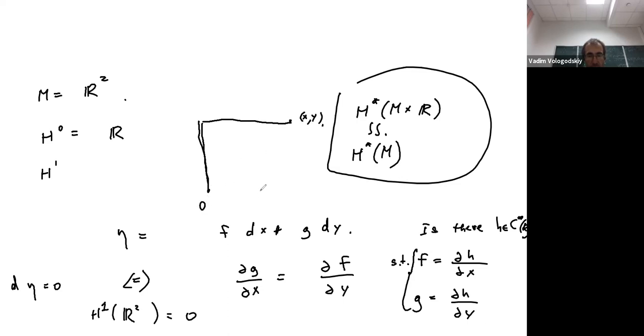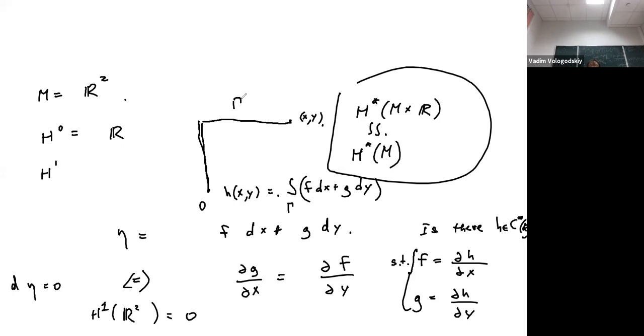This is the origin, and you define h to be the integral of f dx plus g dy over this path gamma. And this is h of x comma y, right? This is gamma.